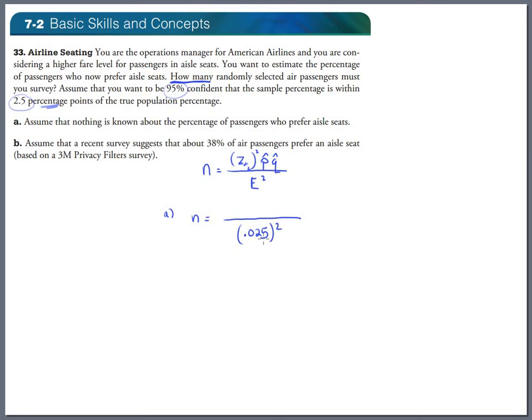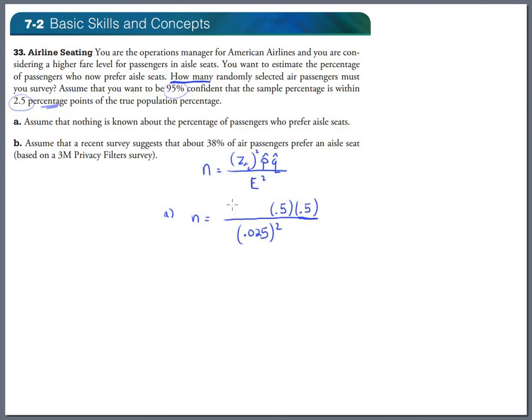So there's 0.025 squared. First time around, we're assuming that nothing is known about the percentage of passengers who prefer aisle seats. So that version of the formula says if we don't know anything, assume it's 0.5 and 0.5. Assume a 50-50 split. If you look in the book, they crunch this down to 0.25 and just make it part of the formula, but that's where it comes from.